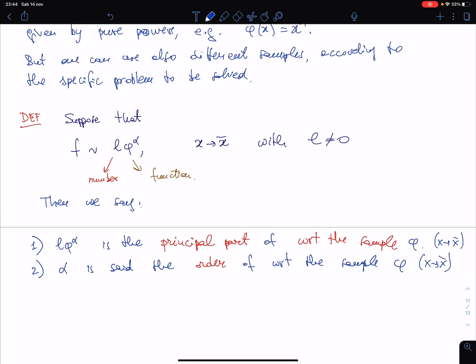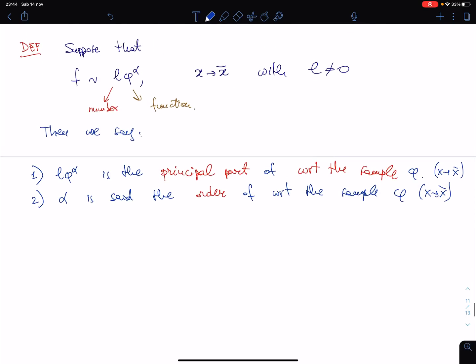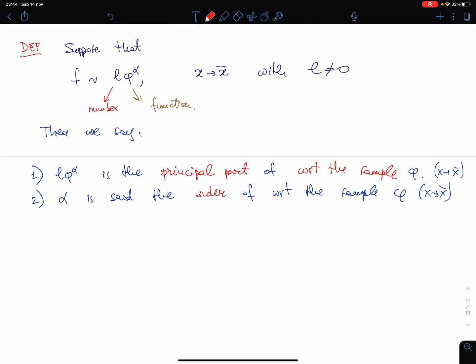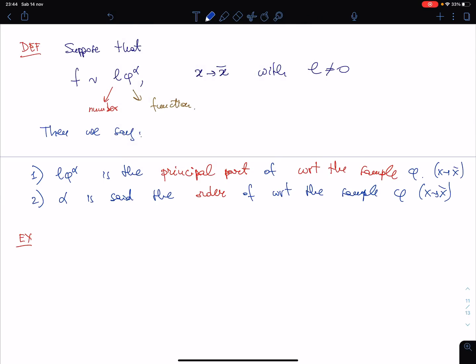Okay. So this is a very important definition, the principal part. And let me give some examples first. Example which is well known, we already know.